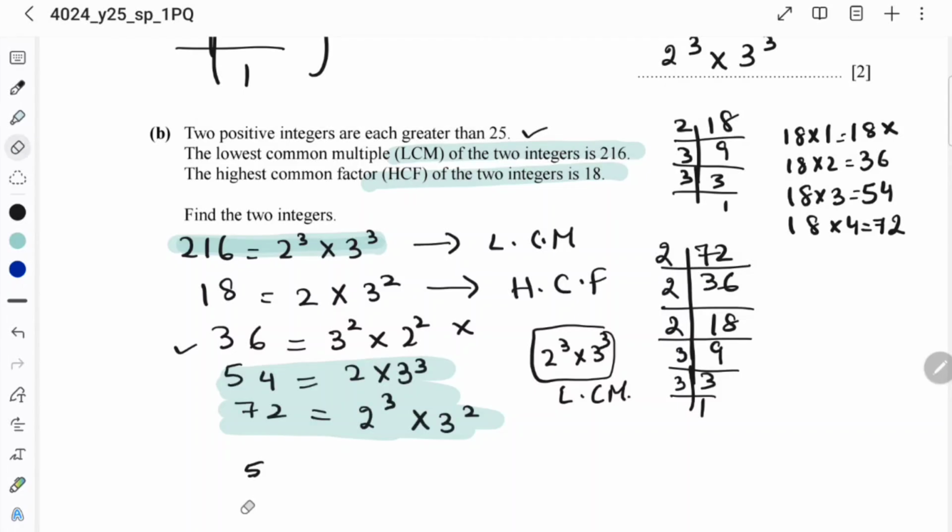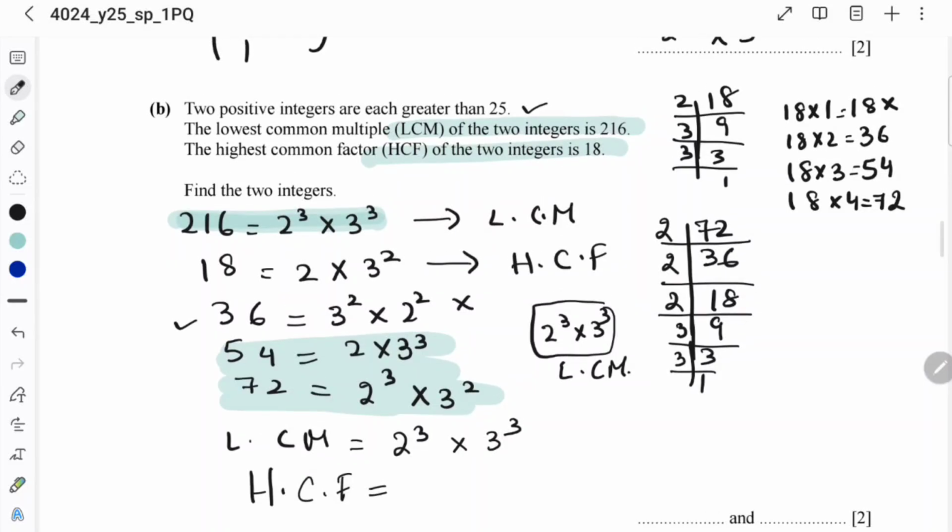The LCM is 2 cube into 3 cube, and the HCF takes the lower powers: 2 is the lower power between 2 cube and 2, and 3 square is the lower power between 3 cube and 3 square, which gives 18. So you know that 18 is the HCF, and 216 is the LCM, which is also there. So 54 and 72 are the right answer in this condition.